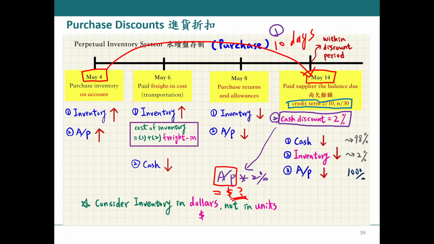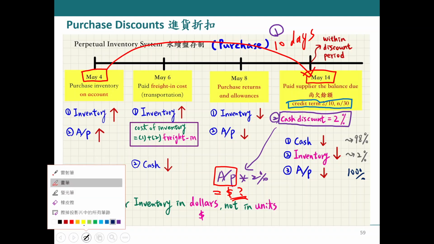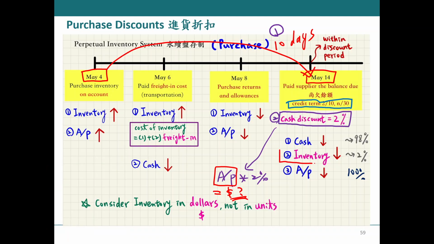I got a 2% discount, which means the money I should pay to buy the inventory decreased. Remember, we always think about the cost of inventory, so the cost of inventory decreased 2%. Why? Because with a cheaper price, I spend less money to buy the inventory. So we use the inventory account decrease to describe that your cost of inventory decreased.